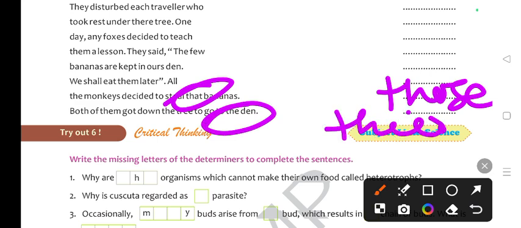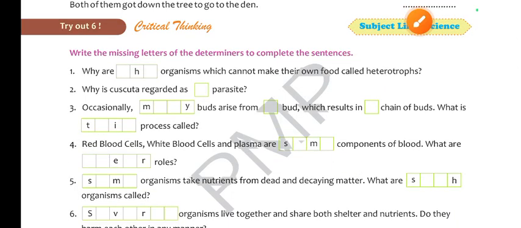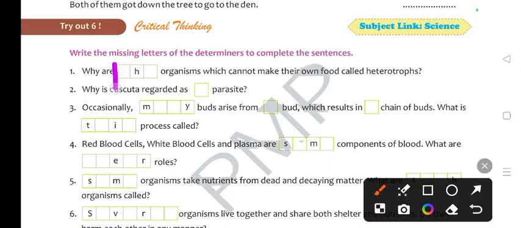Their. Okay, now write the missing letters of the determiners to complete the sentences. Why are the organisms which cannot make their own food called heterotrophs? Now, why is cuscuta regarded as a parasite?